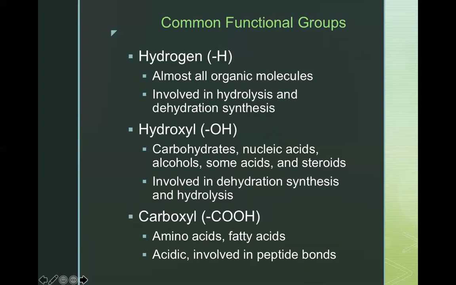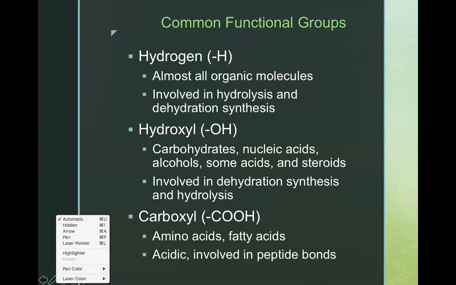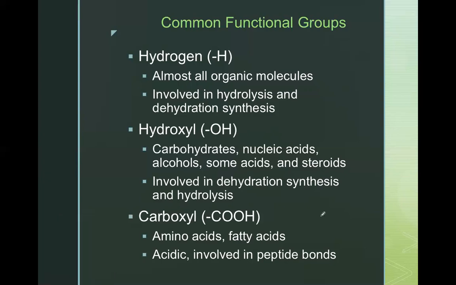A carboxyl group is COOH. How this traditionally looks, by the way, is I have my carbon, and then I double bond it to an oxygen up here, and then I have an OH off to the side here.